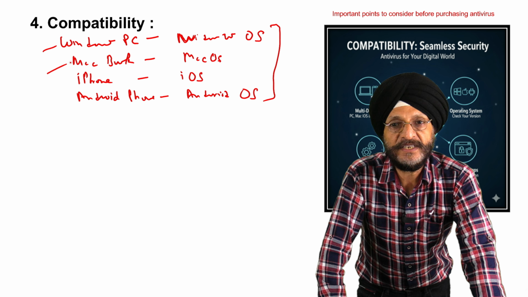So we should also ensure that the antivirus software which we are going to purchase is compatible with the specific version of each operating system which we use at present. Then we should also ensure that it functions smoothly with other installed software on our devices and does not result in conflicts or slowdowns.